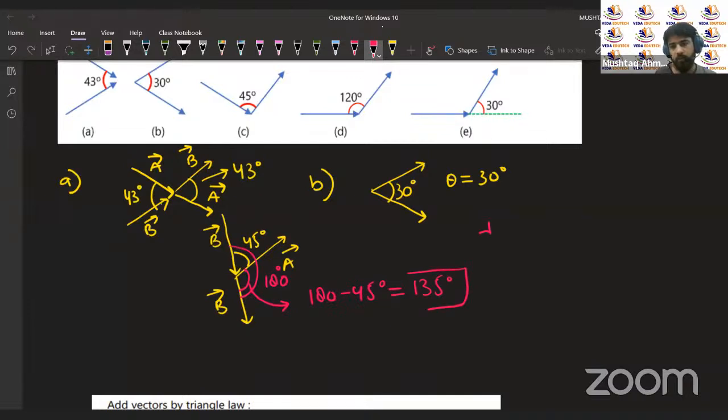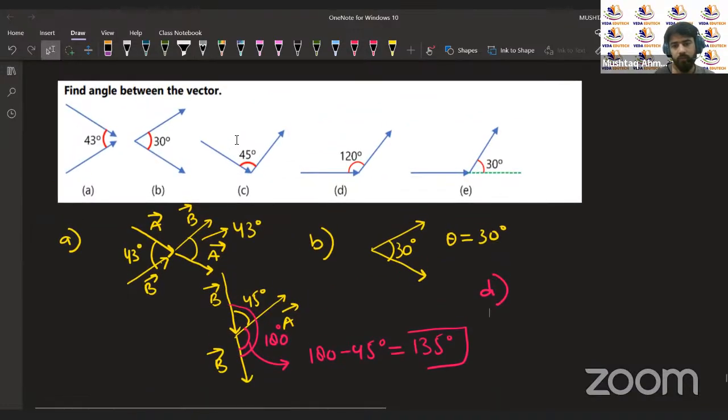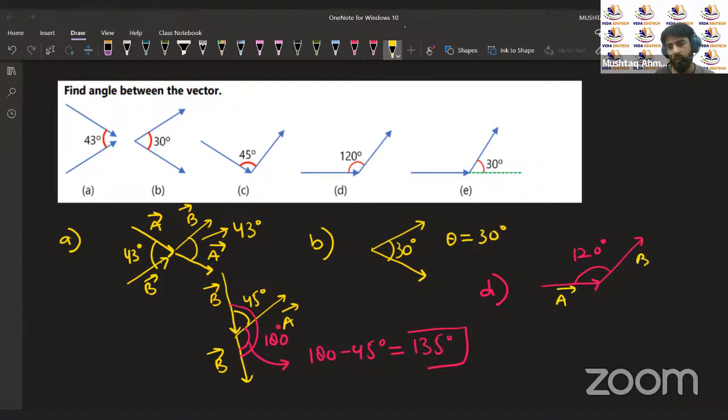In case D, this is the vector and this is another vector like this, and this angle has been given as 120 degree. Let me call this vector A and this vector B here. I know that I can shift this vector parallel to itself anywhere in the space without changing the direction and length of the vector.